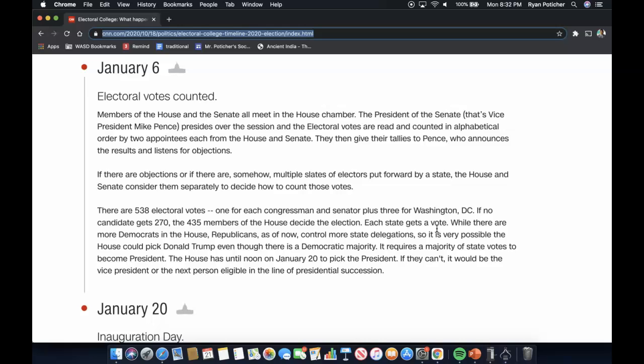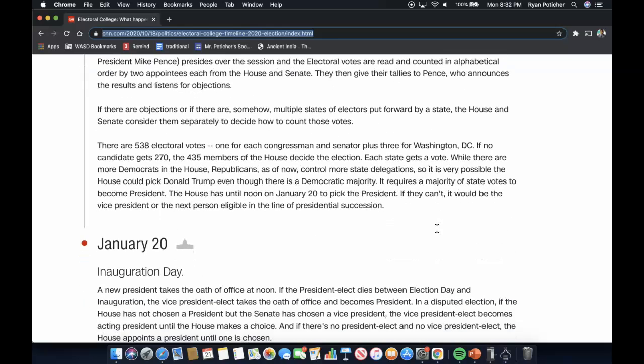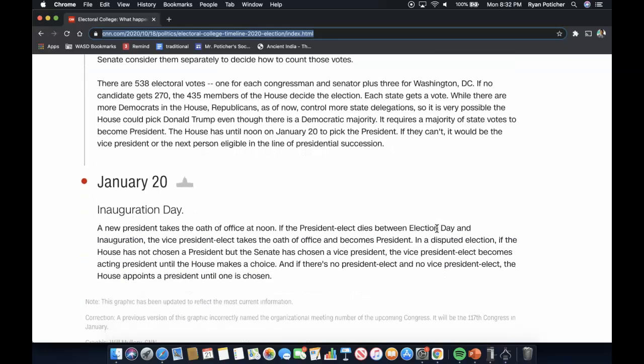If there are objections, or if there are somehow multiple slates of electors put forward by a state, the House and Senate consider them separately to decide how to count those votes. There are 538 electoral votes, one for each congressman and senator, plus three for Washington, D.C. If no candidate gets 270, the 435 members of the House decide the election. Each state gets a vote.